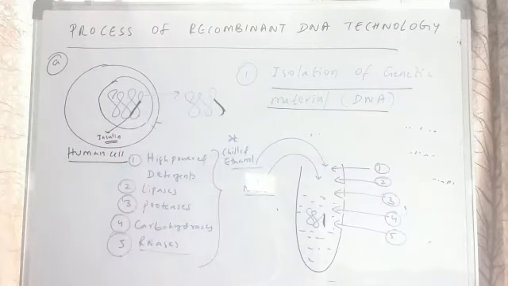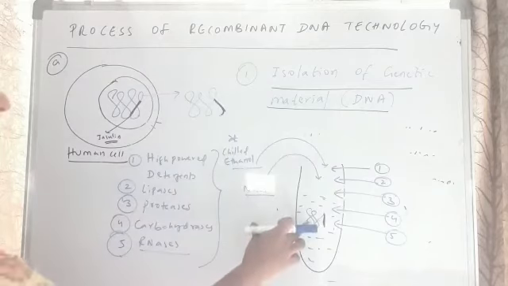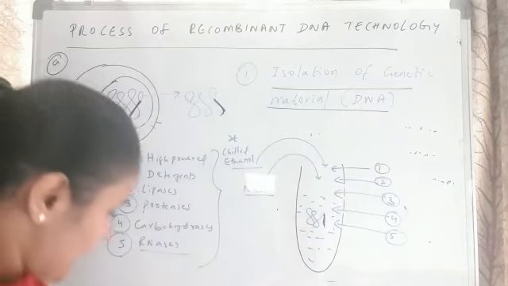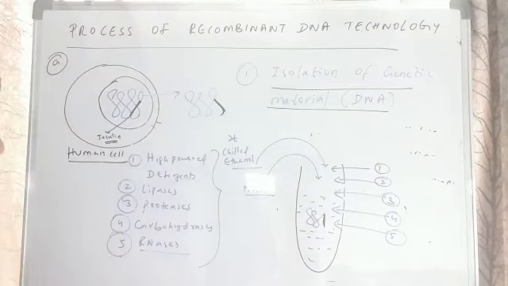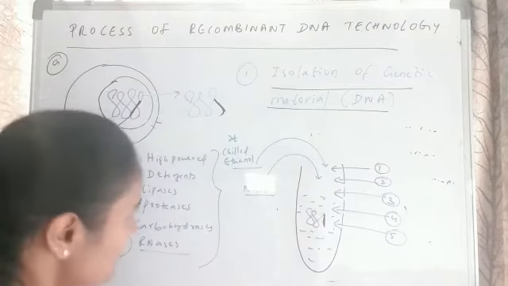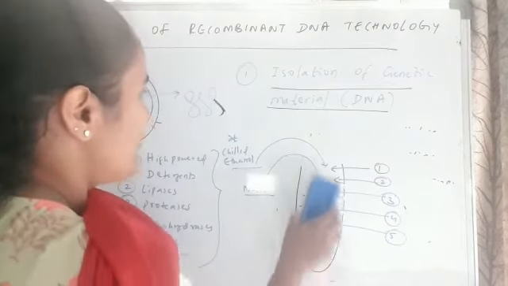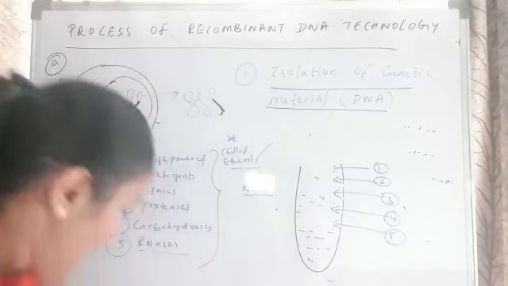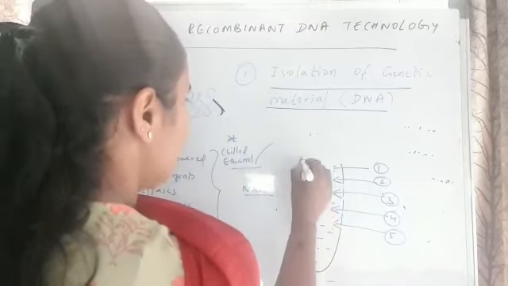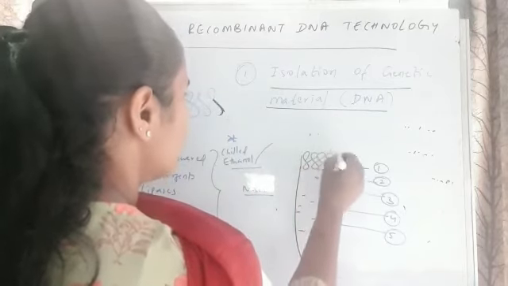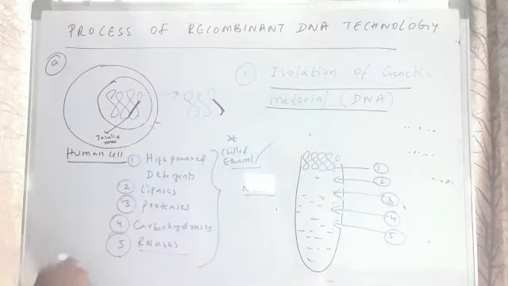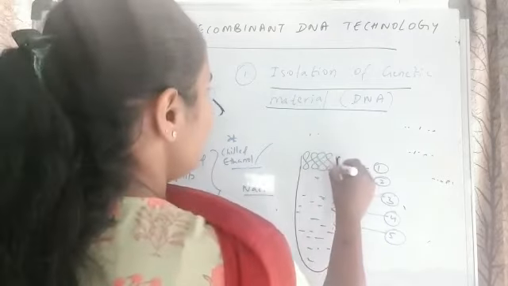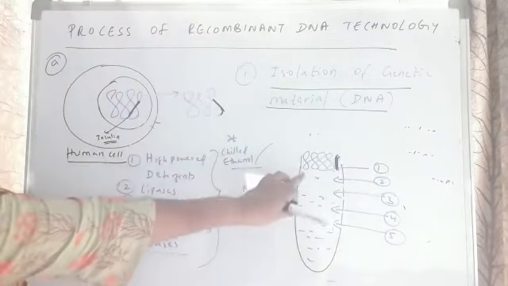Now when we add chilled ethanol, the DNA is going to precipitate. So it is going to precipitate out. That means this DNA, whatever is there, is coming out in the form of a precipitate. So a whitish material which we can observe.